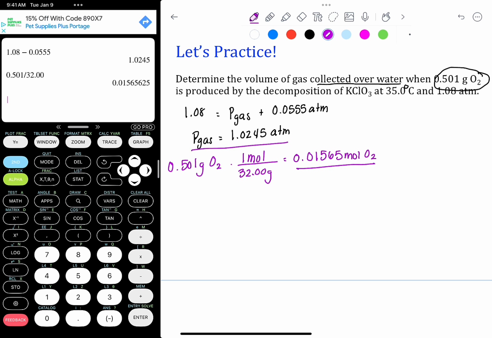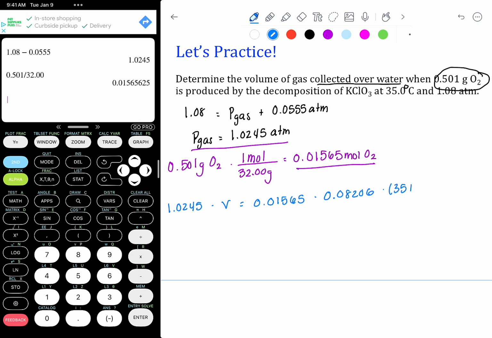Now that we have moles of O2 and the pressure of that gas, we can plug that into PV equals nRT, where pressure is 1.0245. The volume is what we're looking for, and we just solved for n, 0.01565. R we already know, 0.08206 because we're in atm, and the temperature is 35 plus 273.15.